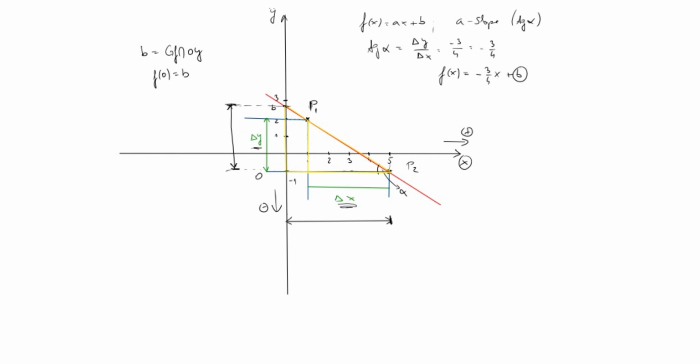So this one. In this case, this is pretty simple because this is actually x2, which is 5. So delta x is 4 and x2 is 5.